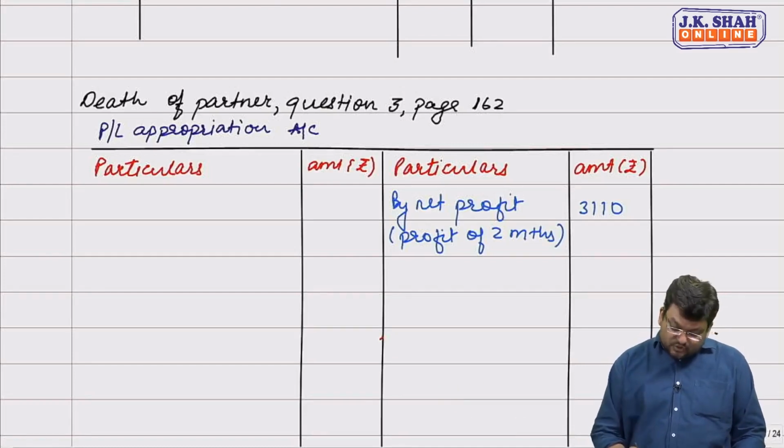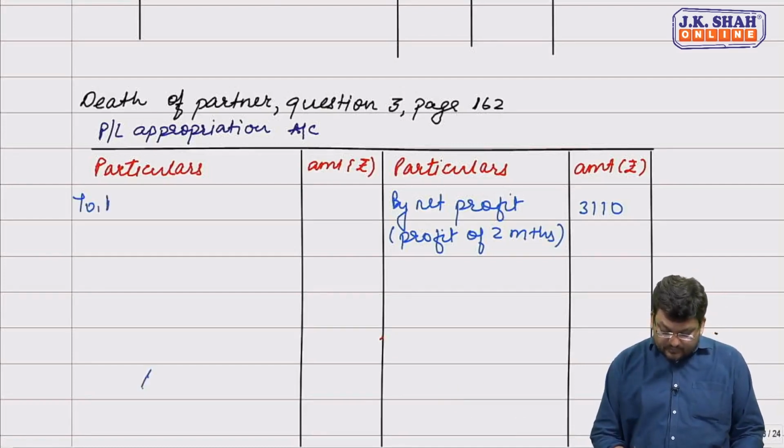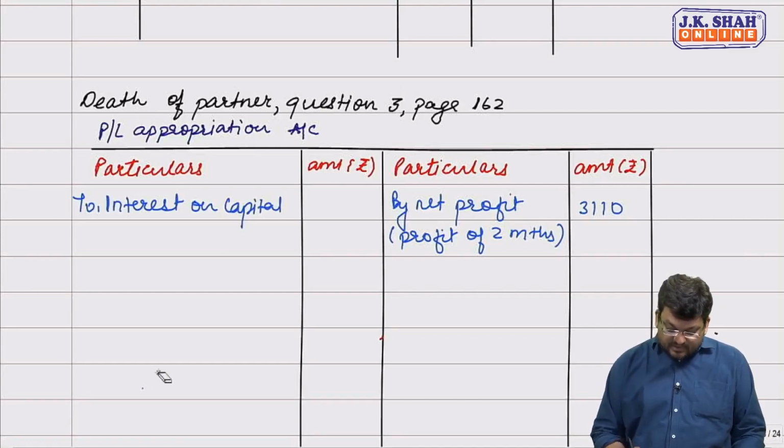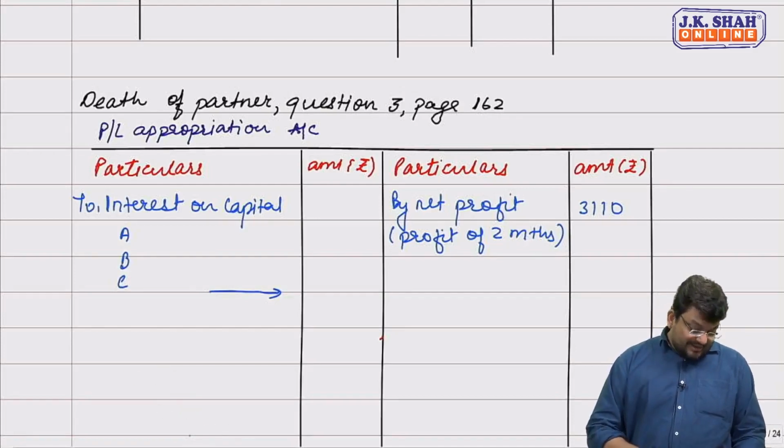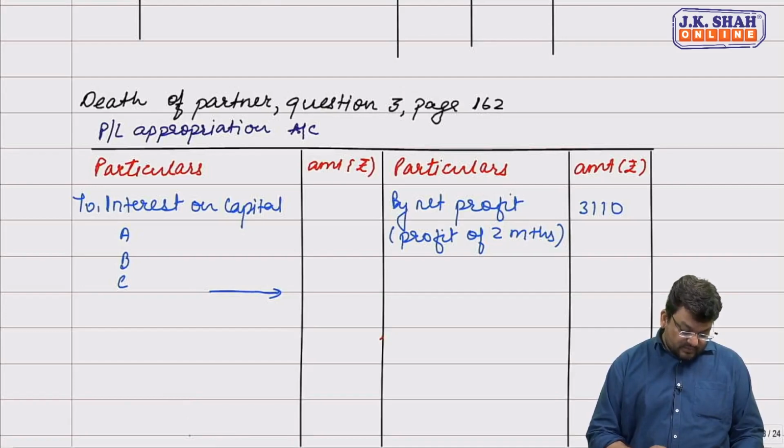Interest on capital is to be allowed. We'll debit that to P&L appropriation. Some part of profit will be appropriated in capital ratio. Interest on capital will be allowed at 6% but for 2 months. So on A's capital, we calculate interest at 6% for 2 months.